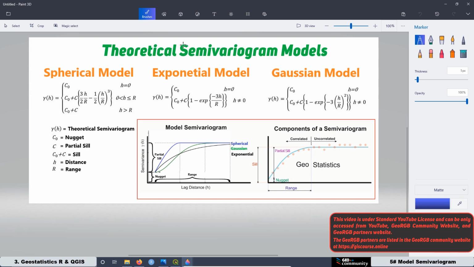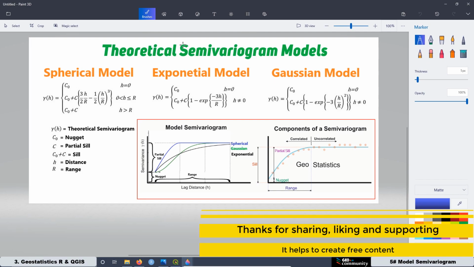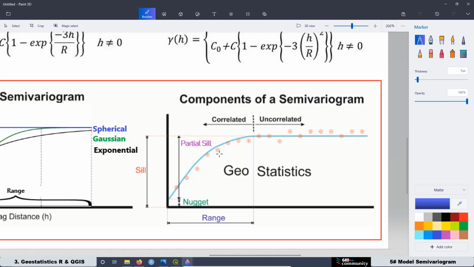It's just an approximation. It means that the value of the sill could be higher or smaller than the variance value. Later, we are going to introduce the theoretical semivariogram models, and we are going to be talking about the 3 most important ones. They are the spherical model, the exponential model, and the Gaussian model. Also, we are going to talk about their mathematical expressions and how they look graphically. In addition, we are going to be talking about other parameters like the range, the nugget, the partial sill, the correlated area, and the uncorrelated area on the graphs.